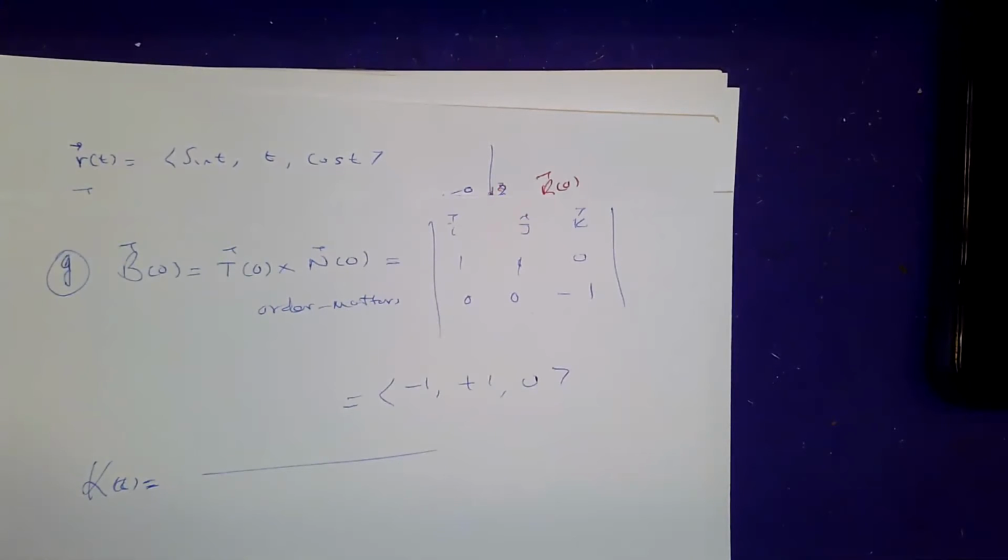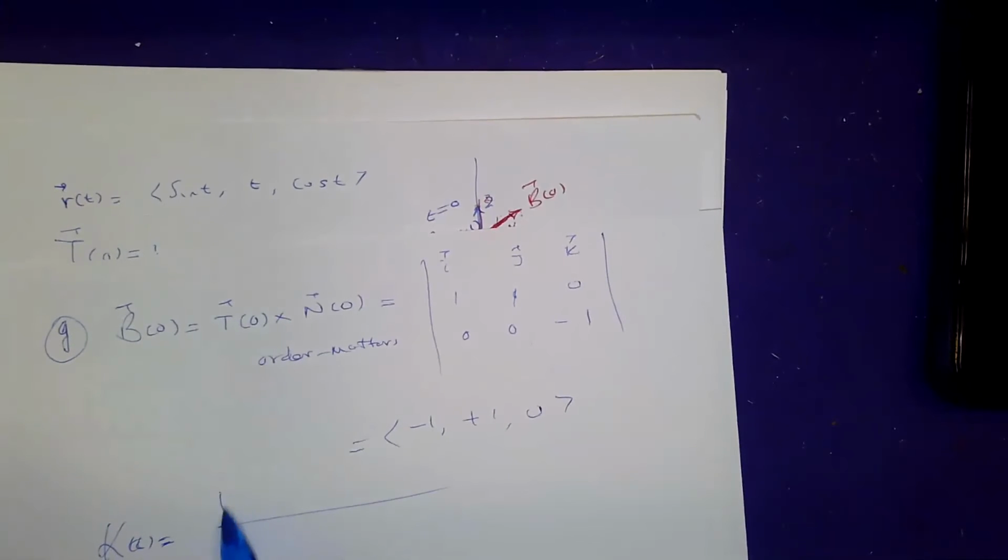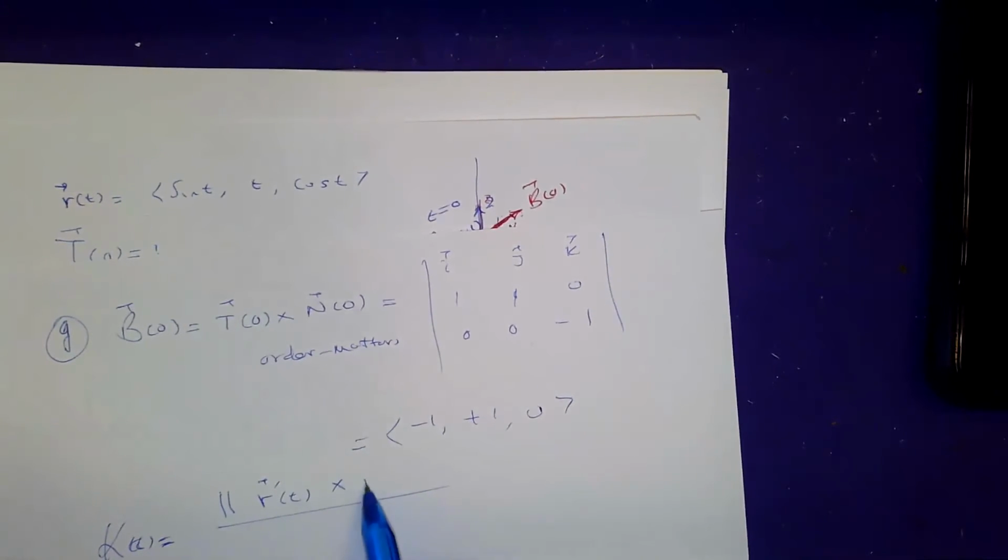If anyone remembers it, please let me know, so I can give you the formula. So it's R prime cross R double prime over the magnitude of R prime cubed. There goes your formula right there.